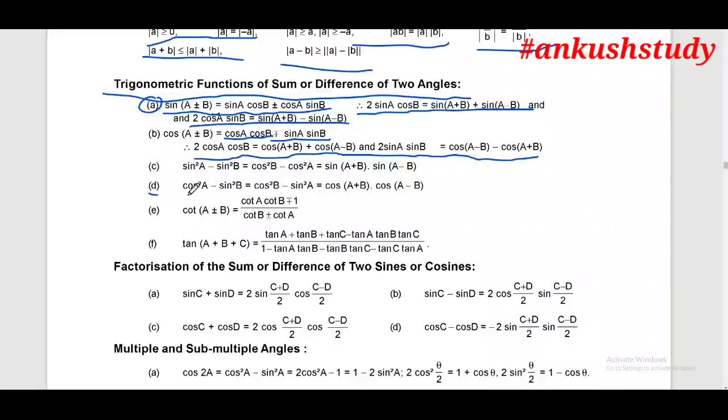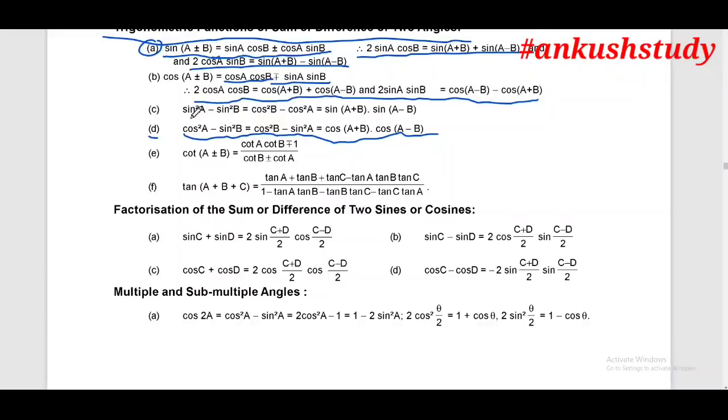So now the D1 is cos square A minus sin square B is equal to cos square B minus sin square A, which is equal to cos(A plus B) into cos(A minus B).